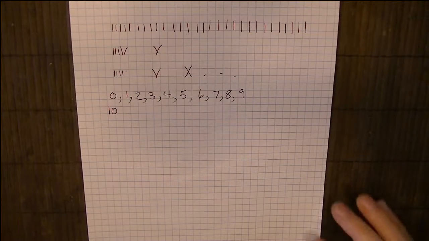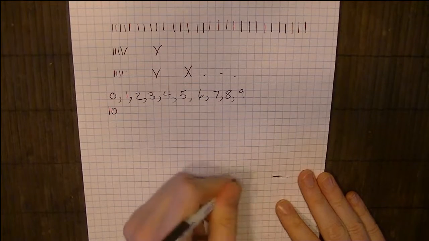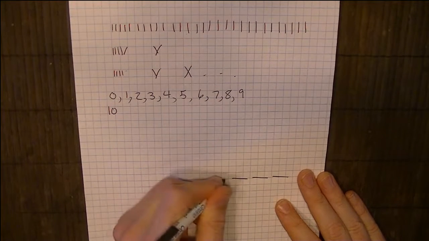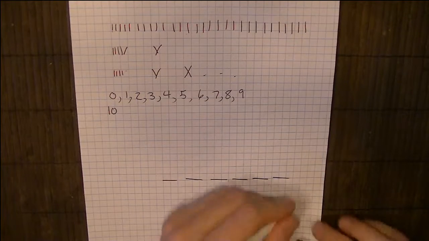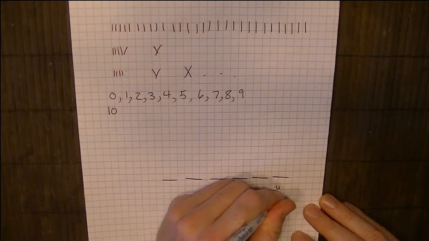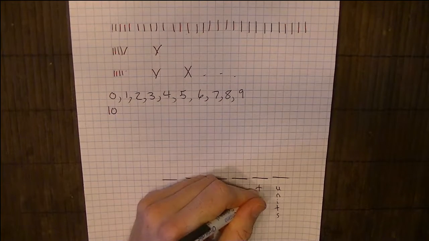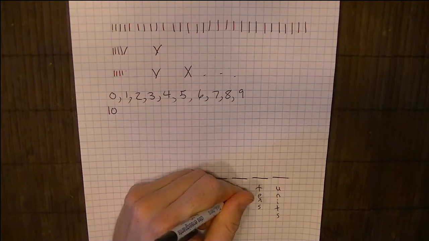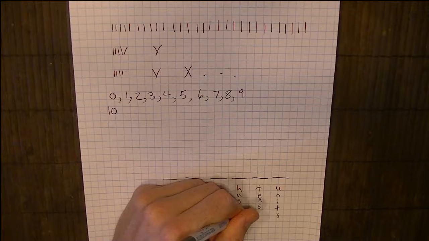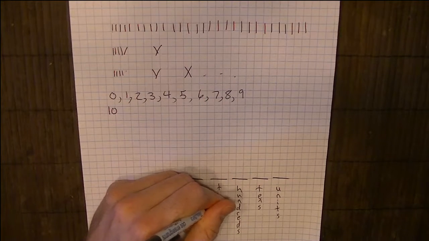So what ends up happening is numbers get broken up into different columns. We'll have the first column, which is the units column. Okay, and then we could have the tens column, and then the hundreds, the thousands.